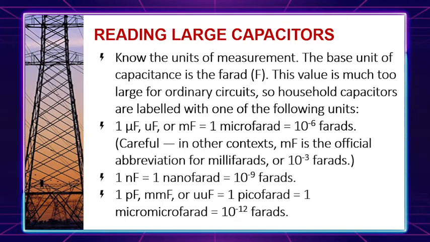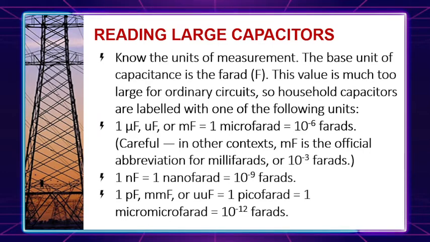Some of you might confuse symbols like UF or MF. UF means micro, so 1 microfarad is different from 1 millifarad. Another is 1 nF, equivalent to 1 nanofarad, which is 10 raised to 9 farad.